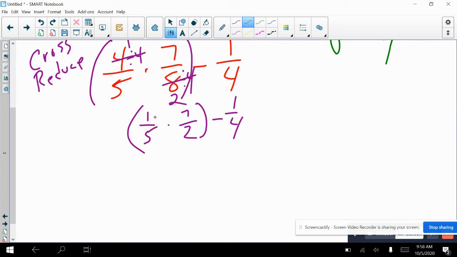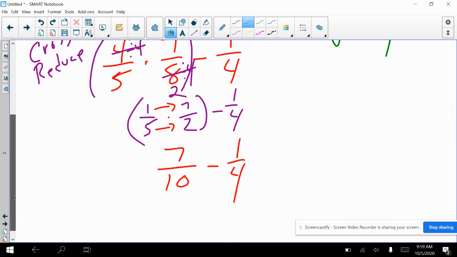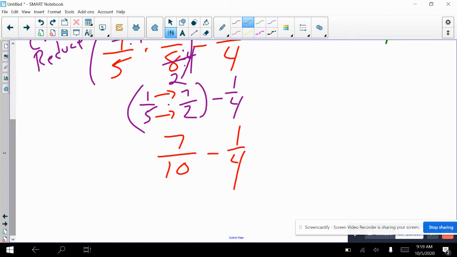And now, if we multiply across, we get 7 over 10 minus 1/4. Now, what do we need to do? Andy, we need to find a common denominator because we are adding and subtracting fractions. Very good. What number shall we use, Andy?